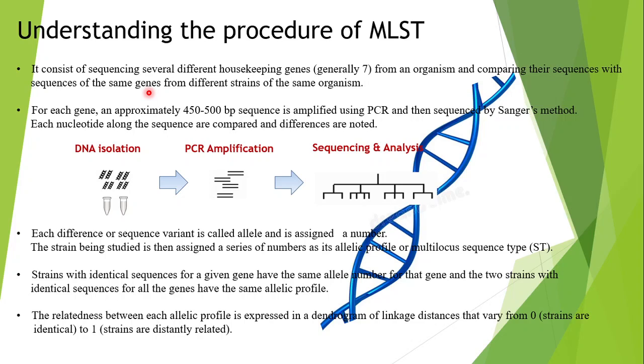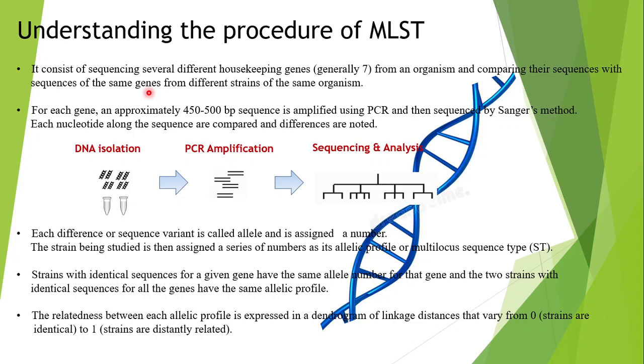For each gene, approximately 450 to 500 base pair sequence is amplified using PCR and then sequenced using Sanger's method. Here in Sanger's method, 7 housekeeping genes are sequenced one at a time.